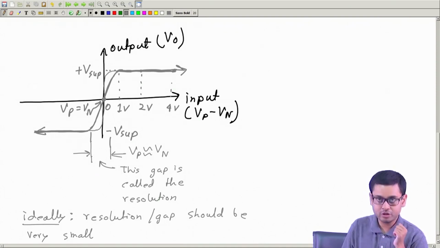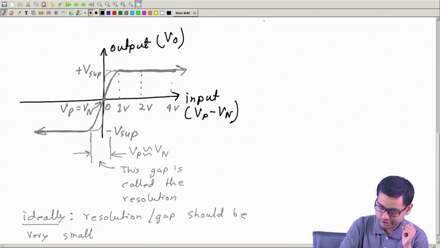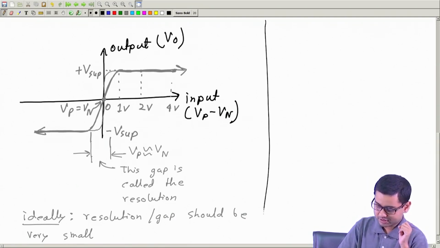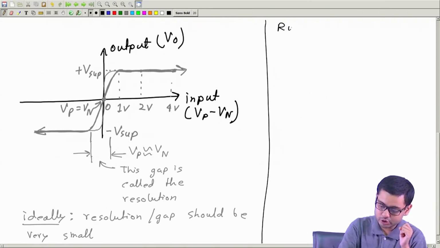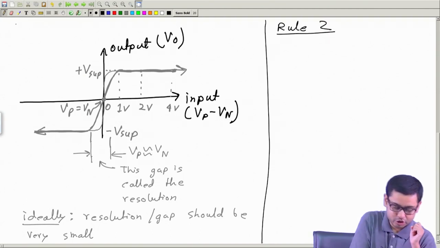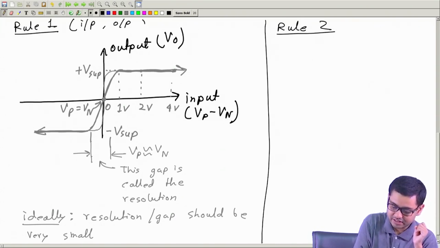This is the first rule that one should know about the op amp. Now the second important rule about the op amp, call it rule 2. So this is rule 1, which is nothing but the input output relation.